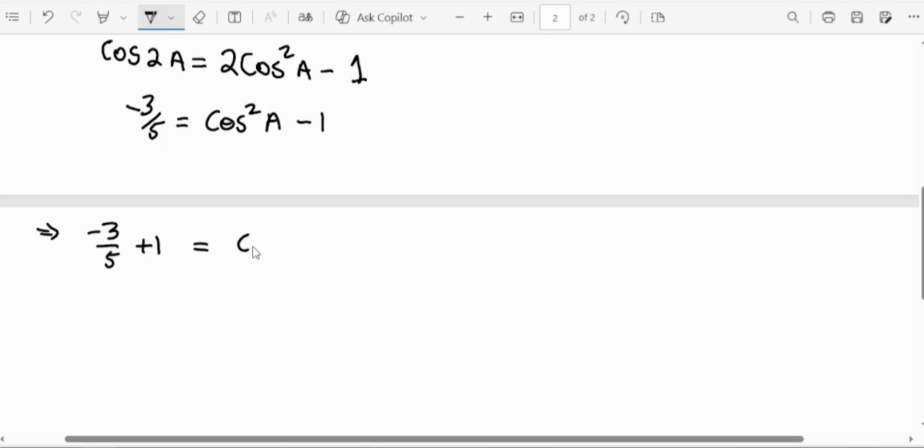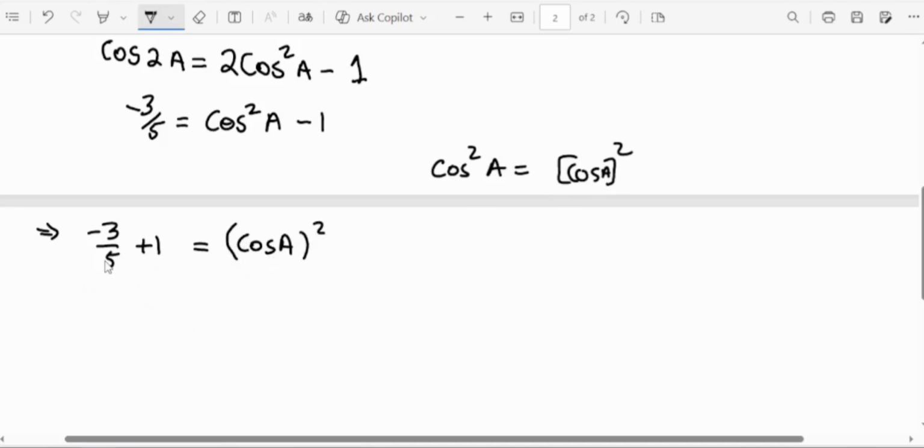Let's equate this to the cos. I think we still agree that the cos squared A can be written as cos A inside the bracket, everything squared. We can write it like that. So this will be the cos of A and everything here is squared.